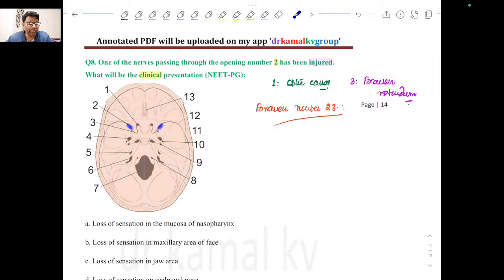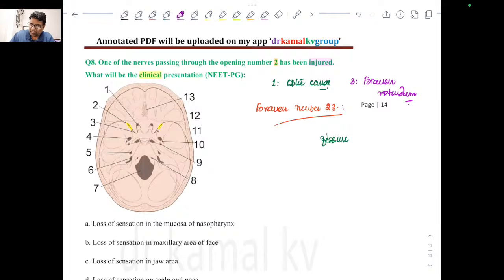Opening number 2. Now, opening number 2 looks like a fissure. Something like this. So this is some fissure, and the contents through this fissure, they are going to the orbit to have some supply for the eyeball.